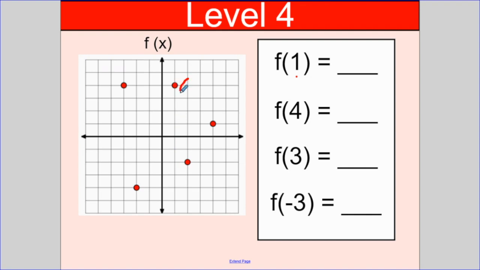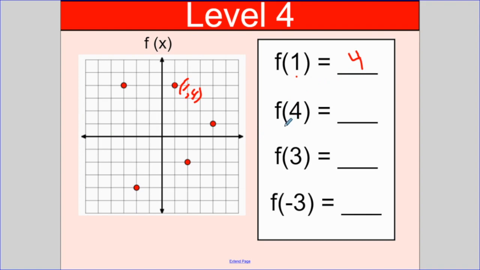If we were to write the ordered pair of that point, that is 1, and that's up 1, 2, 3, 4. That's 1, 4. So we know that at that point, our x was 1, our y was 4. So f of 1 equals 4. This is back to writing our ordered pair, 1, 4. Another way of writing that is f of 1 equals 4.